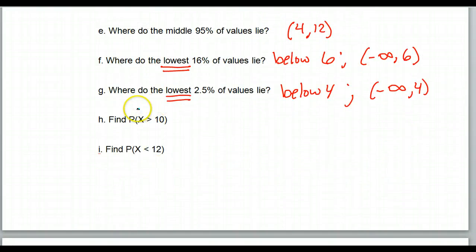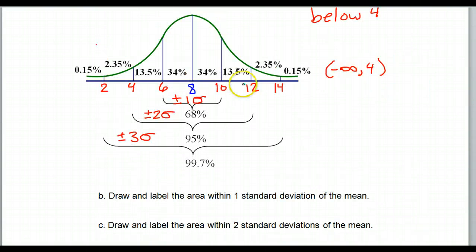Because we're talking greater, we're looking to the right. Here's 10 right here. So if we go greater than 10, we're going in this direction. This is the zone that we are discussing.